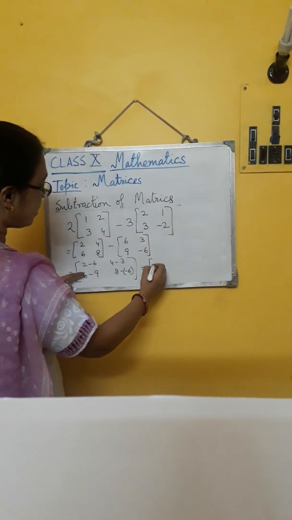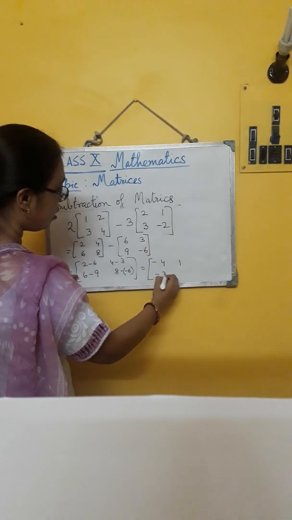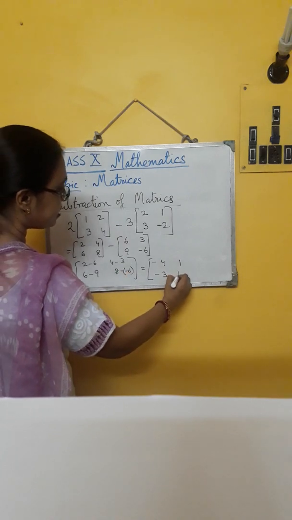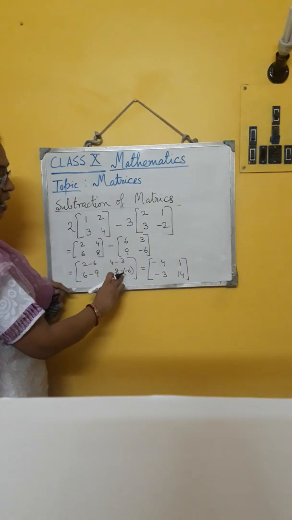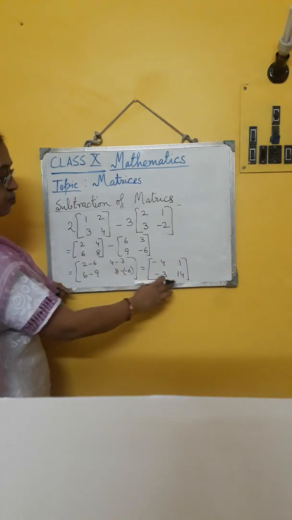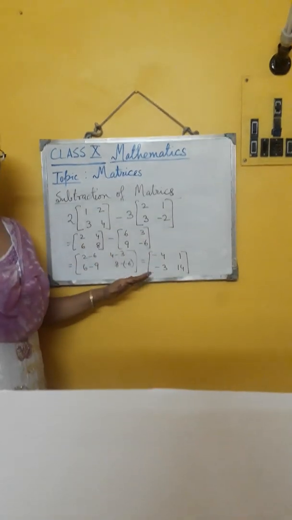So finally we get the answer minus 4, 1, minus 3 and 8 plus 6, that is 14. Here 8 minus minus is plus, so 8 plus 6 we are getting 14. This is how we get subtraction of two matrices.